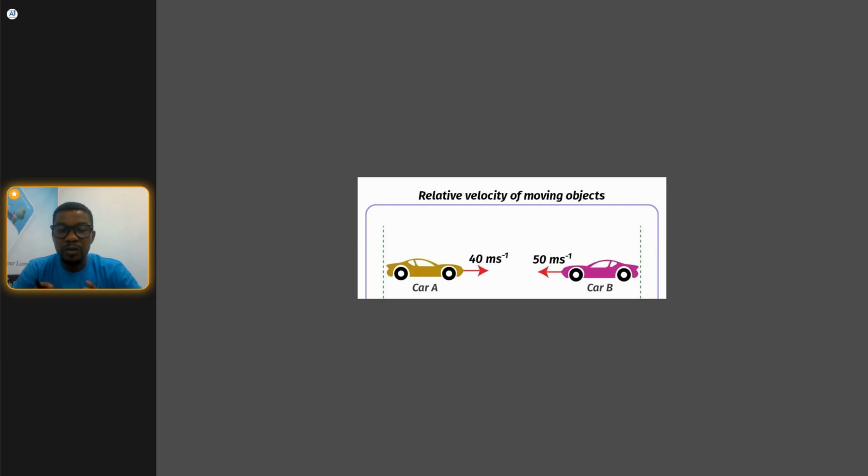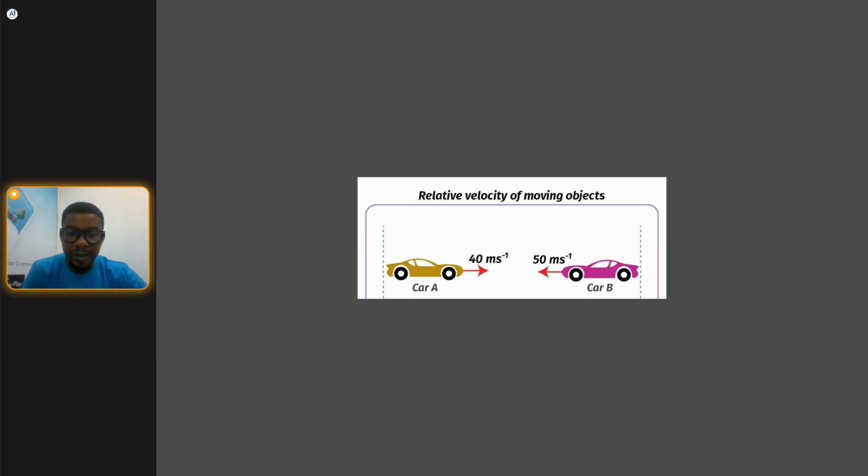In this case, we have two bodies moving in opposite direction, not the same direction, but opposite direction. So how do we get their relative velocity?